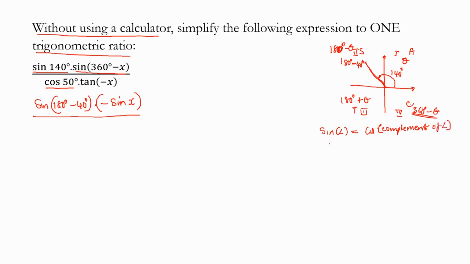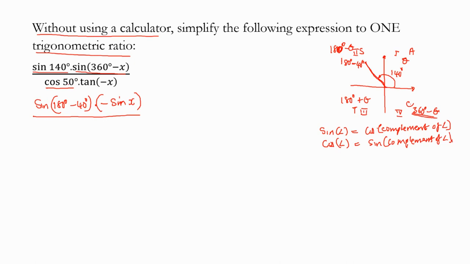Complementary angles add up to 90 degrees, like 30 and 60, 10 and 80, 70 degrees, 20 degrees. You see that? So complementary angles add up to 90 degrees. And then we have cos angle. Remember that cos angle is equal to sine of the complement of the angle. Remember that, okay?